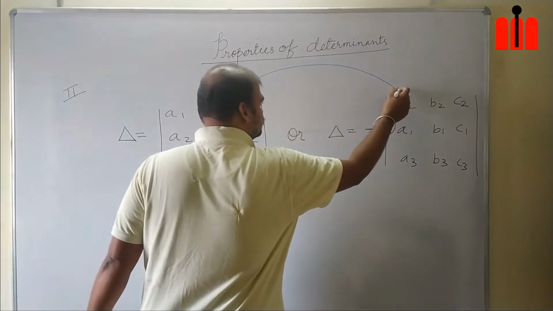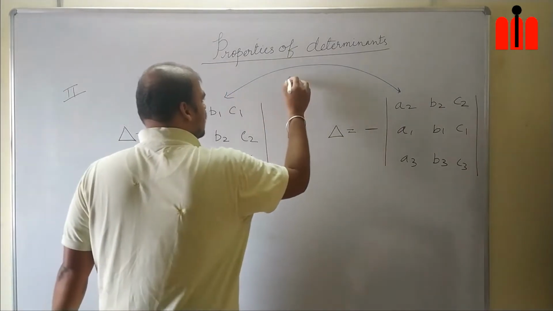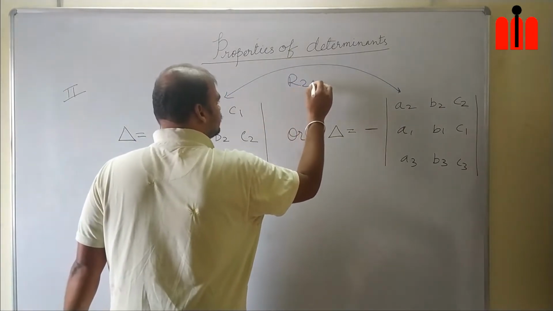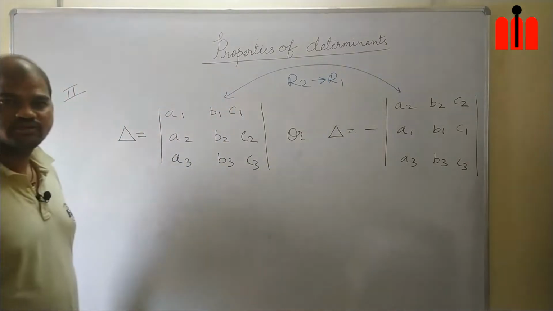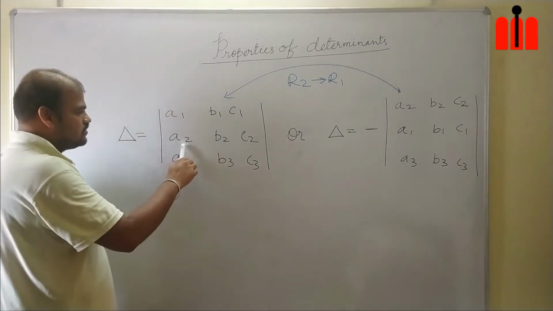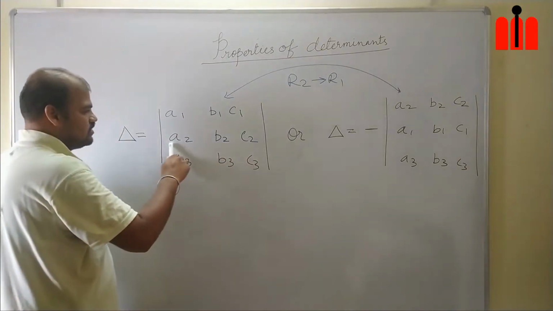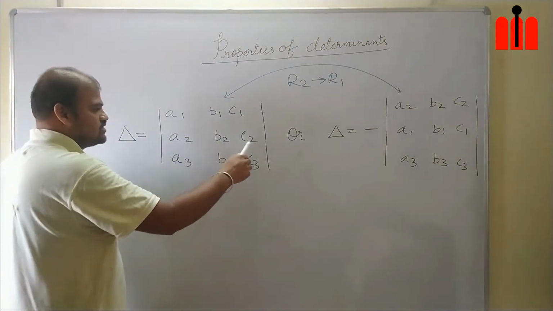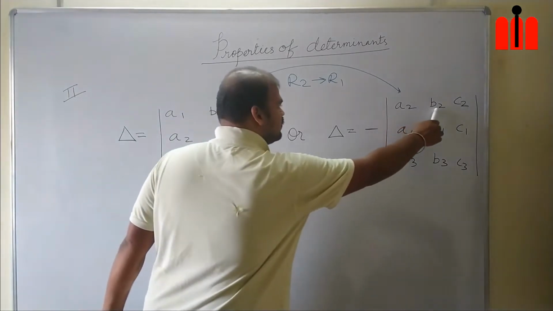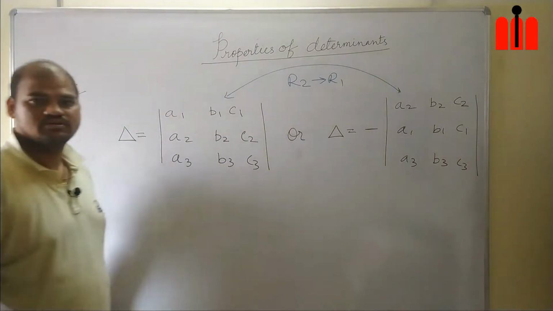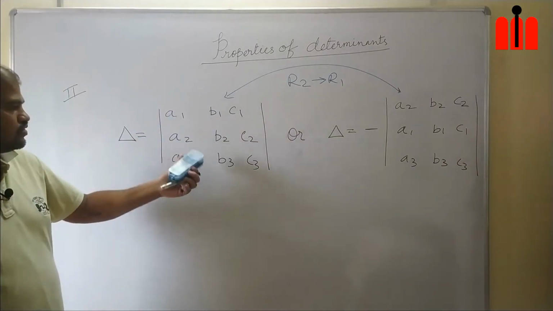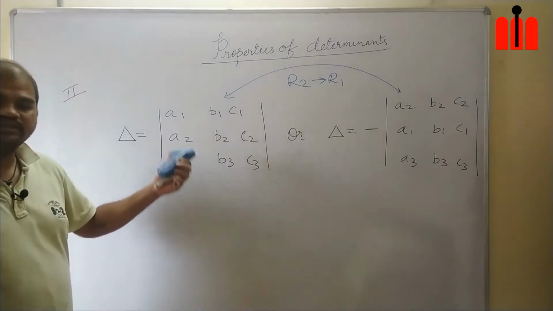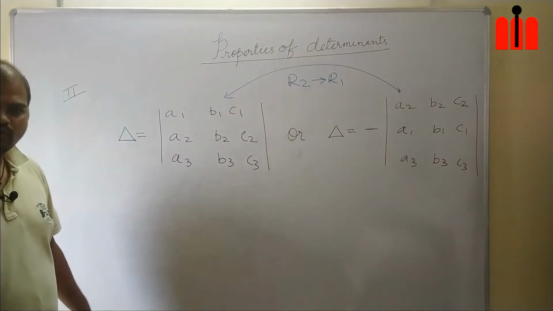R2 has become R1. Here R2 is A2 B2 C2, and it has become A2 B2 C2 in this. So R2 has changed to R1. So there is an interchange between the rows.